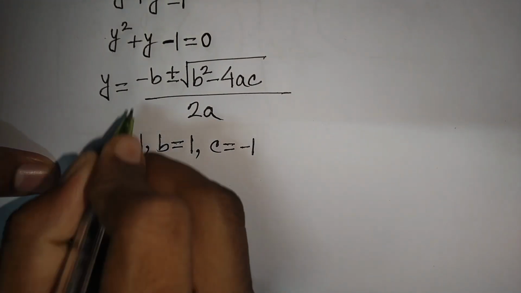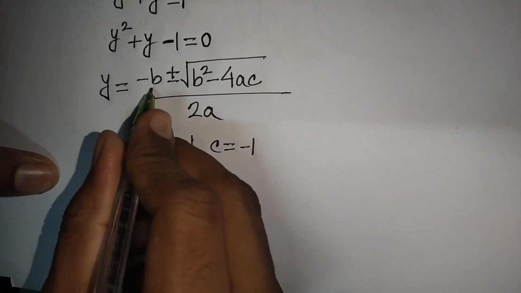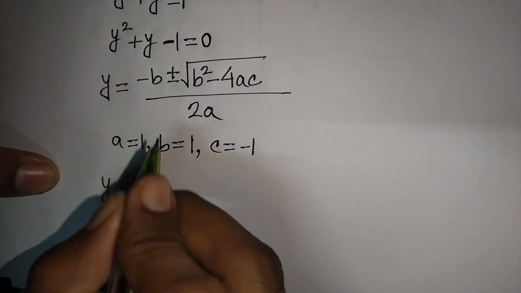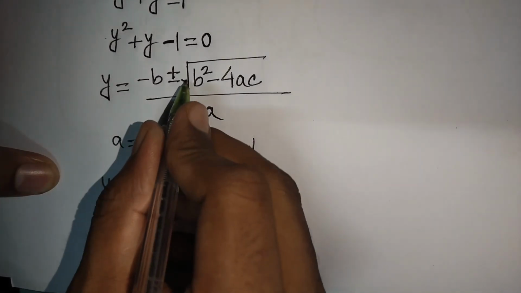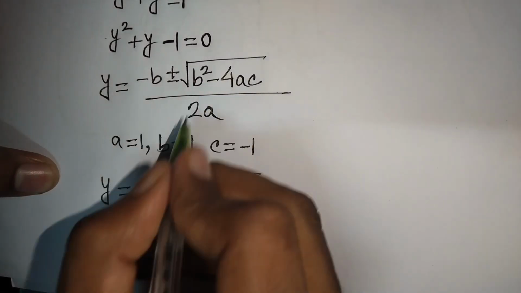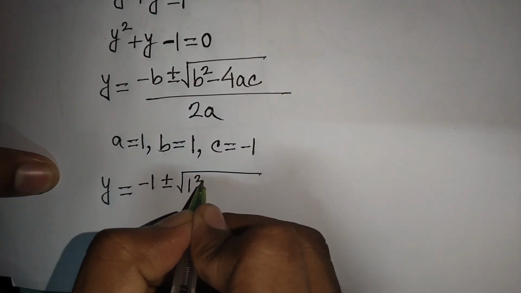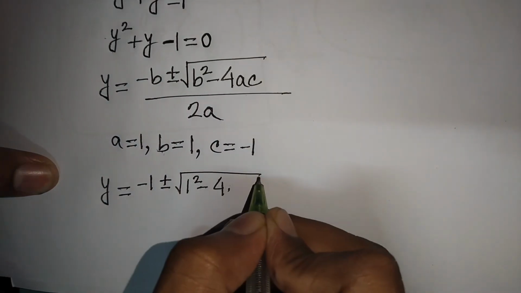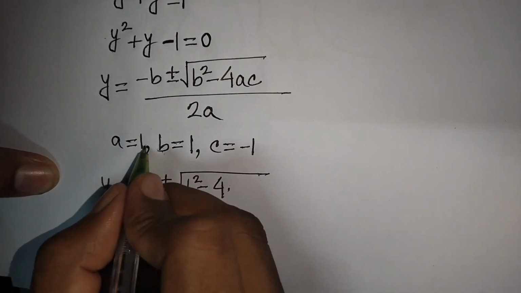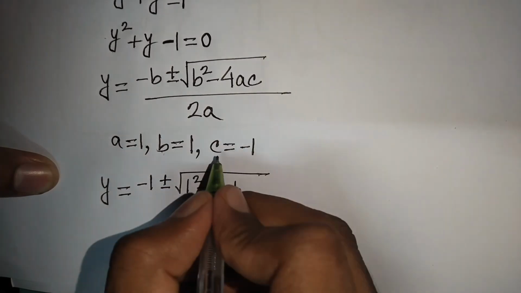Now y will be equal to minus b, that means minus 1, then plus or minus square root of b square, that means 1 square, minus 4 times a, that means 1, times c, that means negative 1.